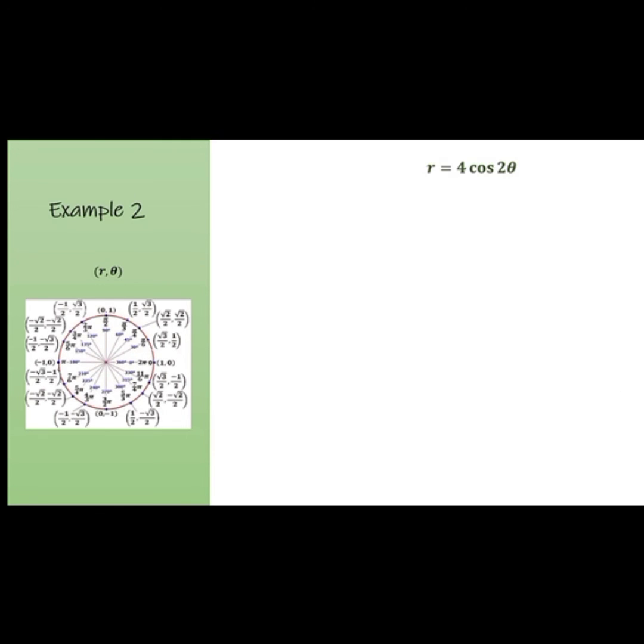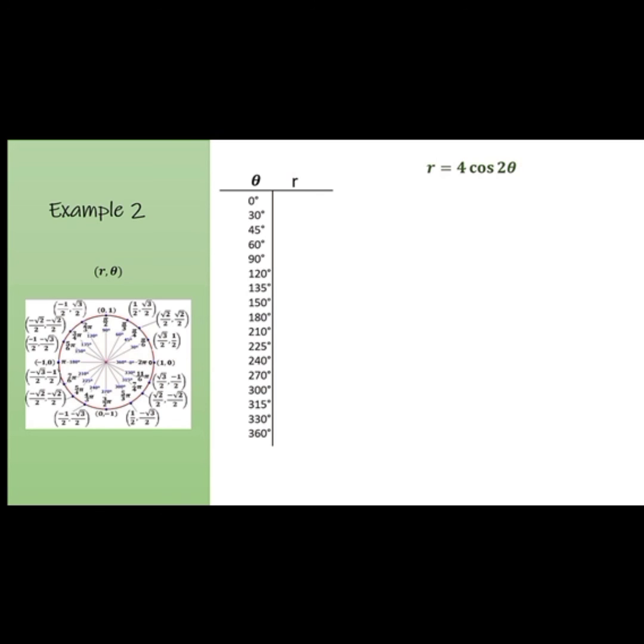Example 2. We have the equation r equal to 4 cosine of 2 theta. We make a table to find theta and r. We take the sexagesimal values of the trigonometric circle for theta.